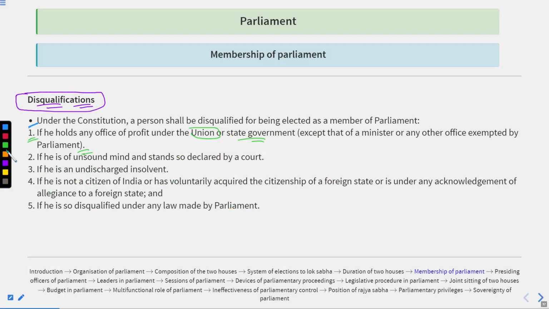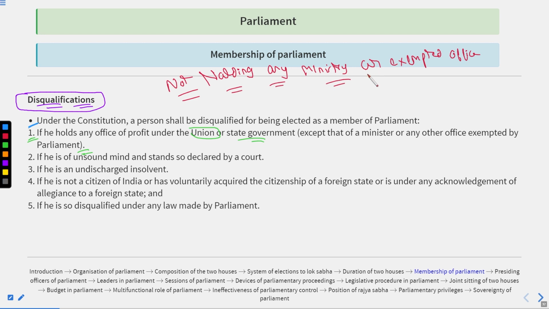But if the person is not holding any ministry or exempted office, then the person will be disqualified if he holds any office of profit under the union or the state government, which is neither a ministry nor an exempted office.